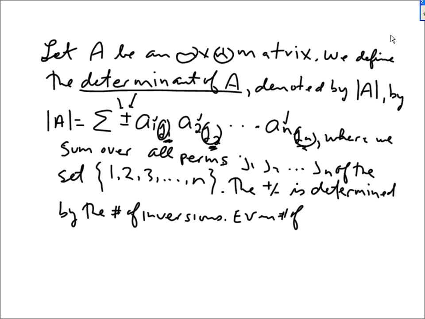Even number of inversions, get the plus symbol. Odd number of inversions, get to use the minus symbol.